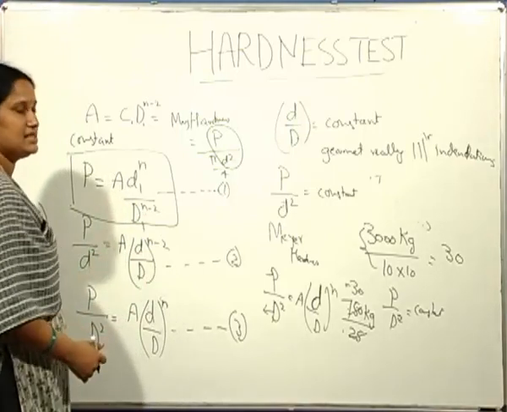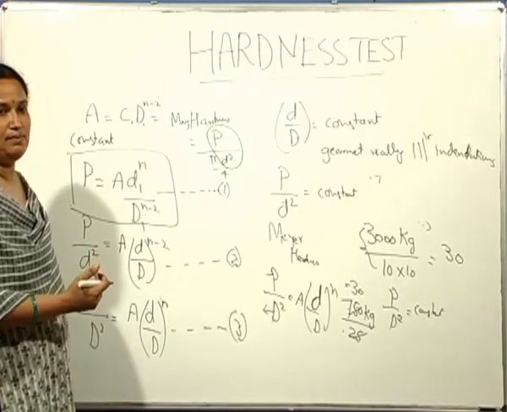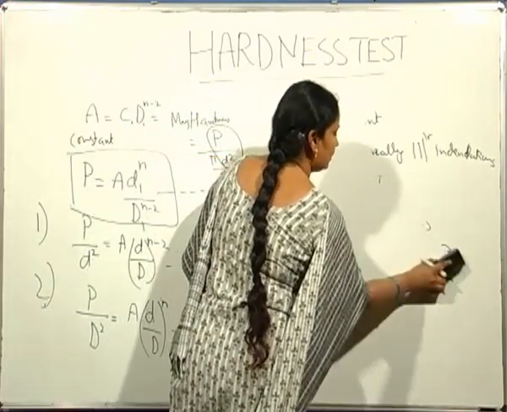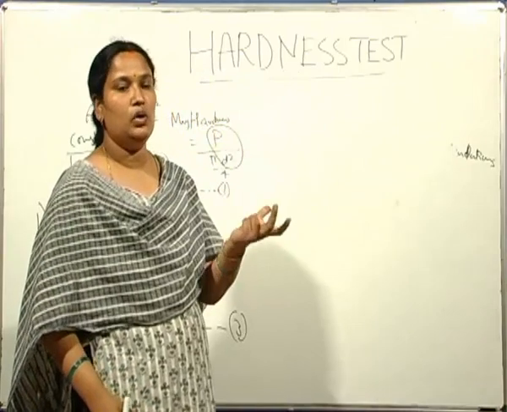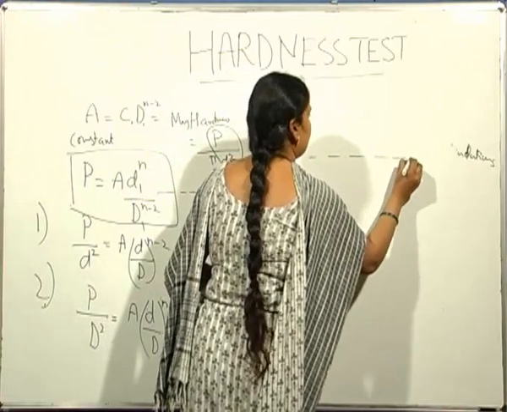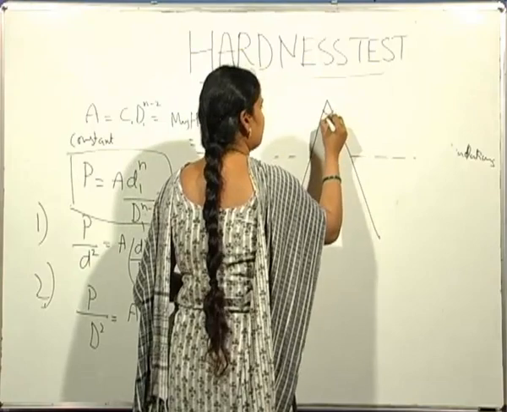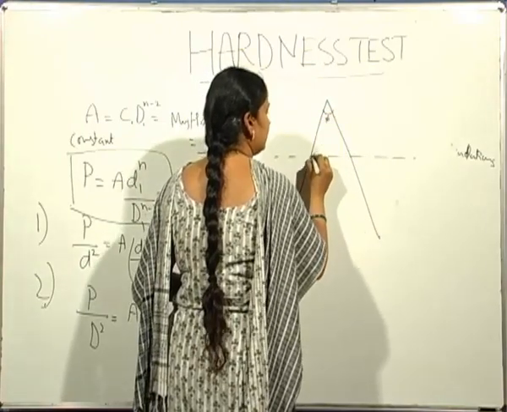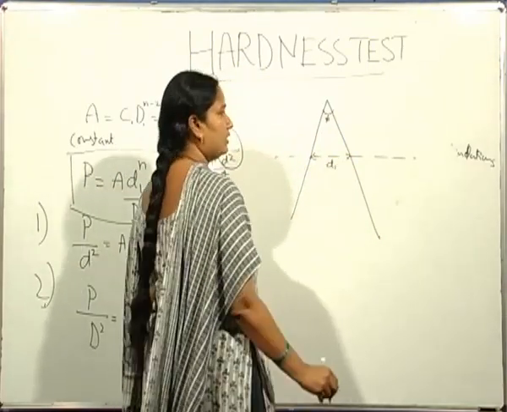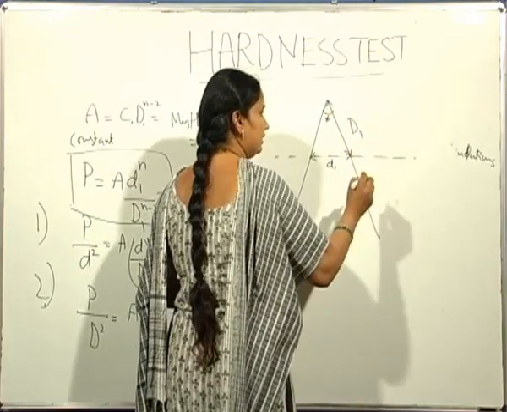Now I shall discuss what is meant by geometrically similar indentations. Geometrically similar indentations means the indentation does not change its shape when the load is different or when the diameter of indenter is different. This you can clearly understand by looking at this figure. By maintaining this angle phi, and this is the diameter of indentation small d, and this is the diameter of the indenter D1.